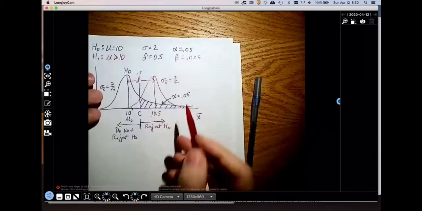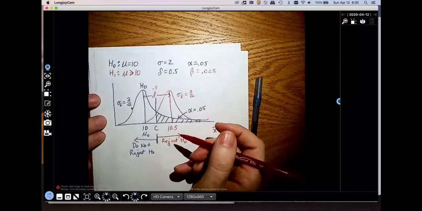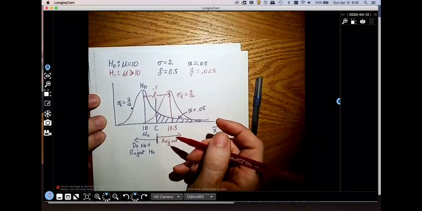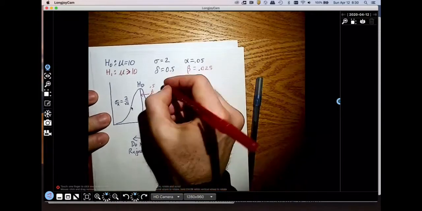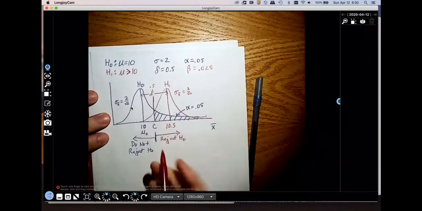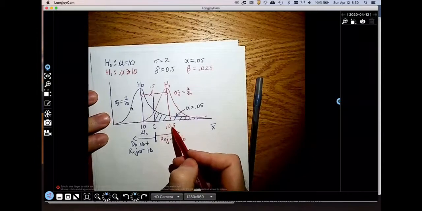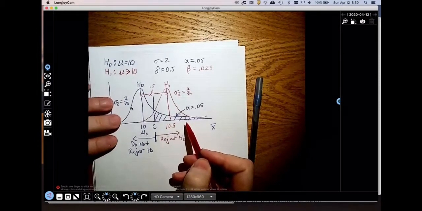Now, what is a type 2 error? So type 2 error is when I fail to reject a false null hypothesis. So when is the null hypothesis false? Well, that's when I have this red distribution out here, and the mean is 10.5 or more. So if it's more, it becomes easier to reject.